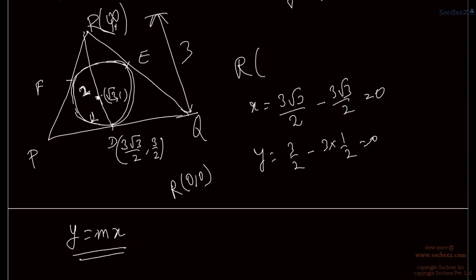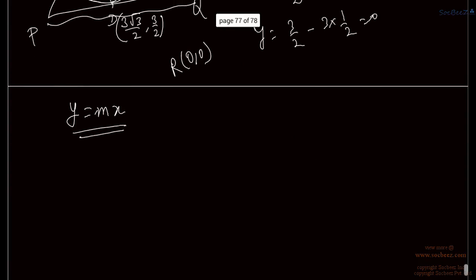Here m is the slope of line RQ and PR, and we will be finding those two lines, and thus we will be finding the points P, Q and R. Since this is an equilateral triangle, line PQ and line QR make an angle of 60 degrees with each other. Also notice that the slope of line PQ is minus root 3, so it makes 120 degrees with the x axis.